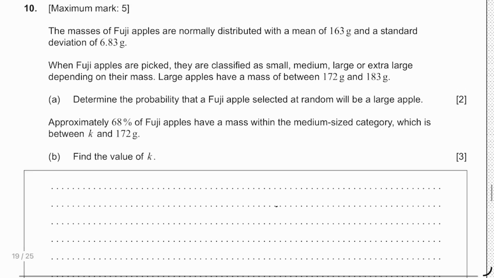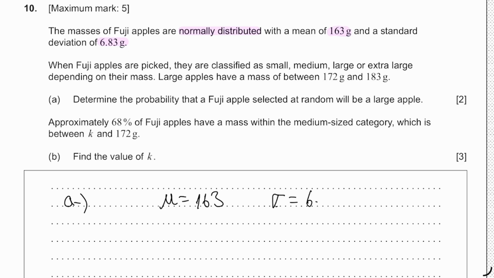Question number 10. It's about probability distributions and the normal distribution. Fuji apples are normally distributed with a mean of 163 grams and a standard deviation of 6.83.